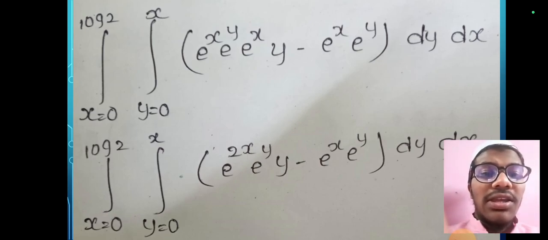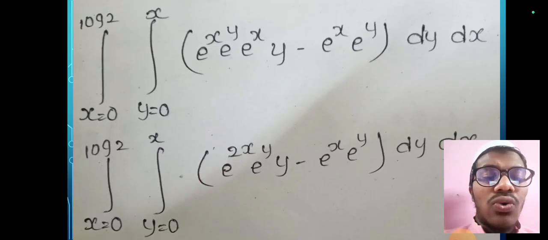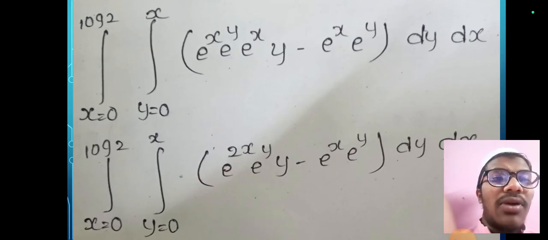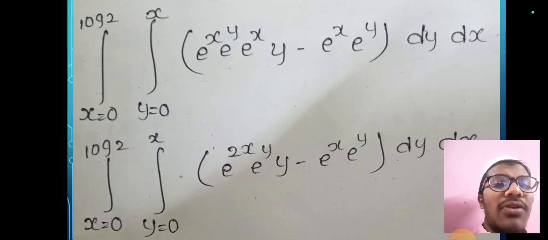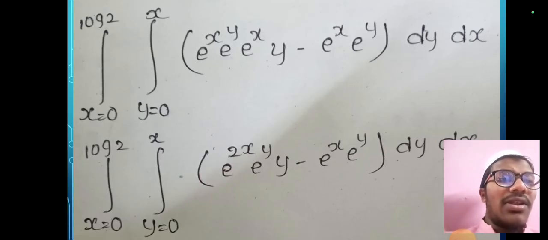And we get integral x equal to 0 to log 2, integral y equal to 0 to x, e power 2x into e power y into y minus e power x into e power y dy dx.